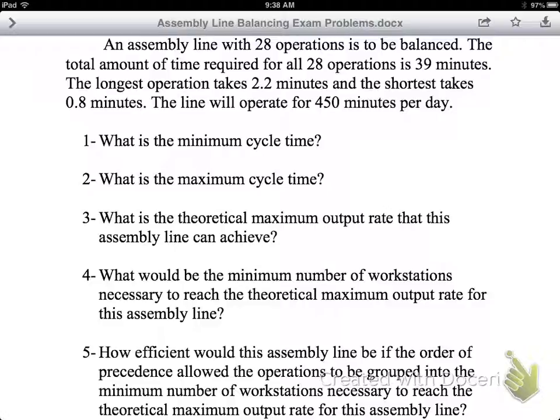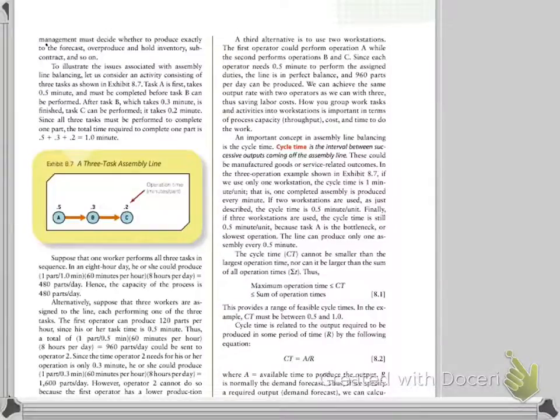Questions number 1 and number 2: what is the minimum and maximum cycle time? Both of these questions can be referenced back to page 154 of the text. I'm going to flip to a slide that shows that here, and we can see in the middle of page 154, cycle time cannot be smaller than the largest operation time, nor be larger than the sum of all operation times.